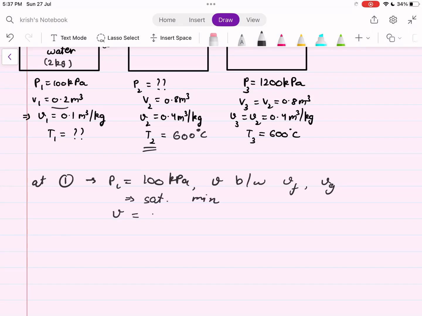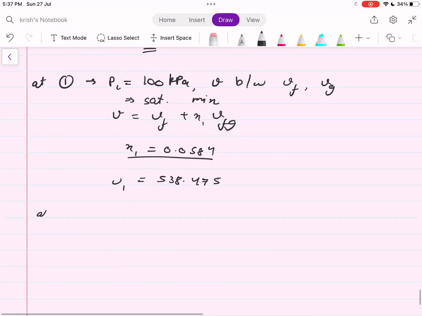And using V equals Vf plus x1 Vfg, our quality at 1, x1, will come out to be 0.0584. And using this, our U1 will come out to be 538.475.